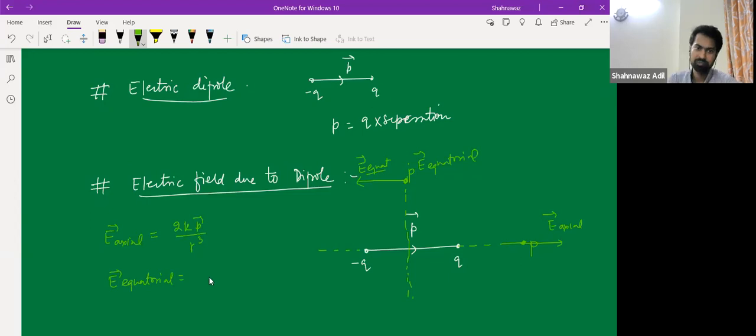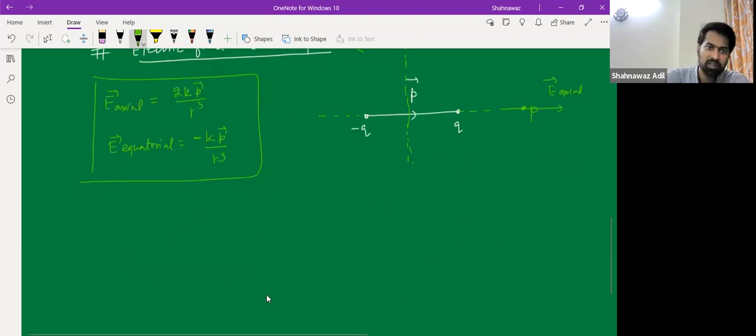Revise, Rabia. Okay, so this was minus Kp by r cube. Do you remember now, Rabia? Yes, I knew it, but I wasn't sure. So you can see from here that this is against the direction of the dipole moment vector. So these were the two electric fields that we calculated.